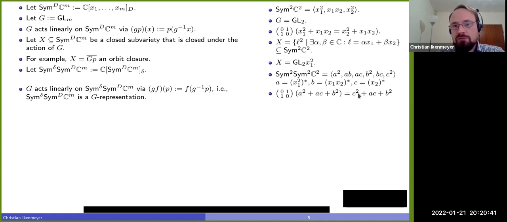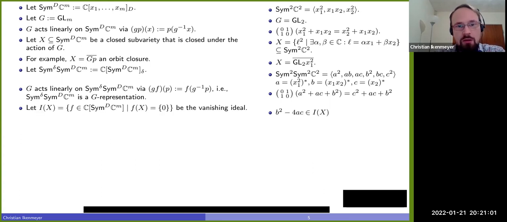So this maps a squared to c squared. ac is mapped to ca, which is the same as ac, and b squared is also just mapped to b squared. This is the type of action that we have here. But of course, you can take all different types of matrices. It doesn't have to be this specific one here.